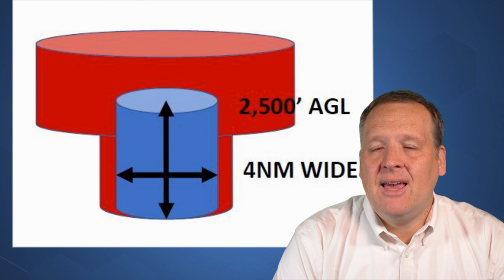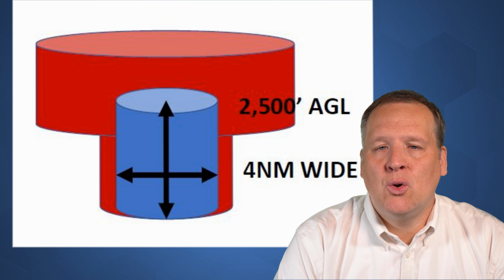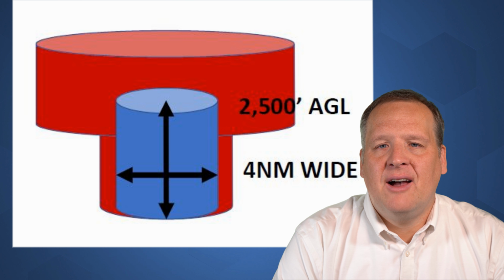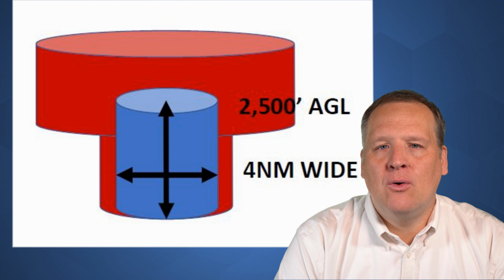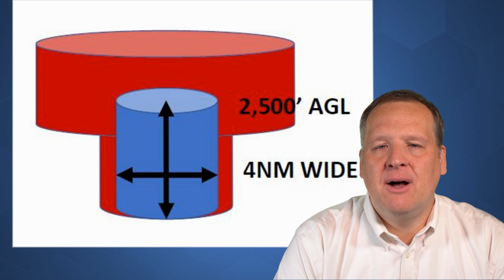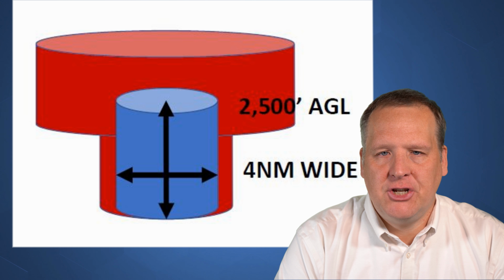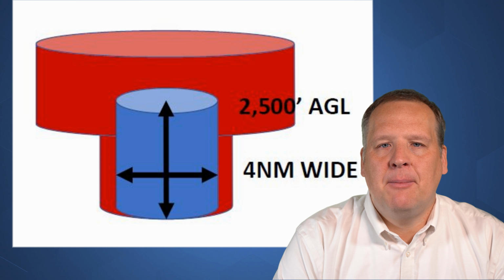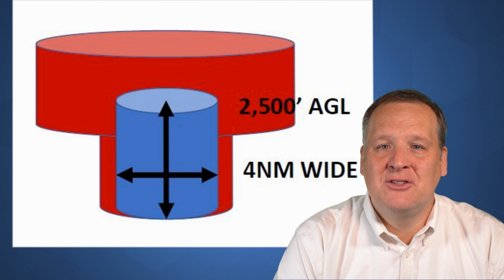So you can still be in Class Charlie airspace once you are outside of that 4 nautical mile radius or above 2,500 feet AGL and be able to speed up to, but not exceeding, 250 knots.